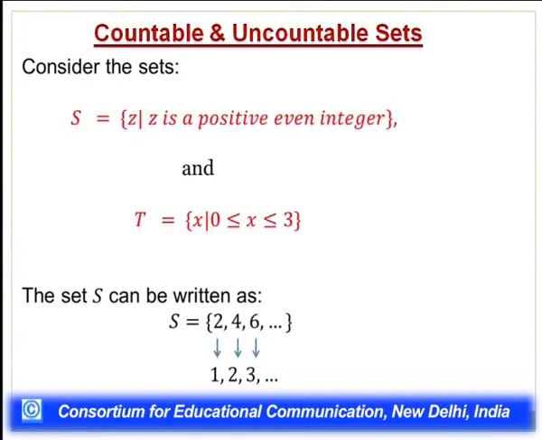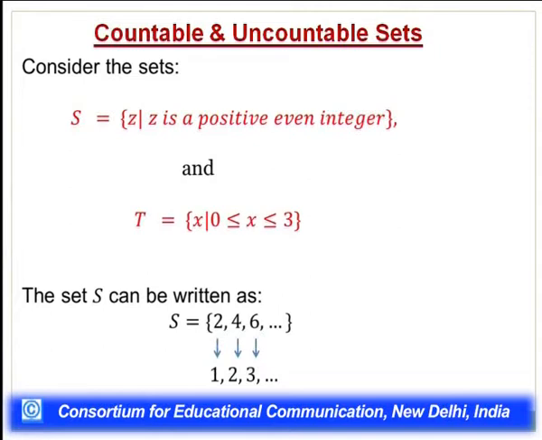In other words, the set S will have as its elements the integers 2, 4, 6, 8 and so on. You're taking all positive even integers. And then consider the set T, which is the closed interval from 0 to 3. Now both of these are infinite sets.